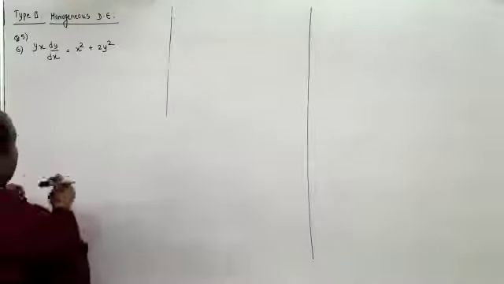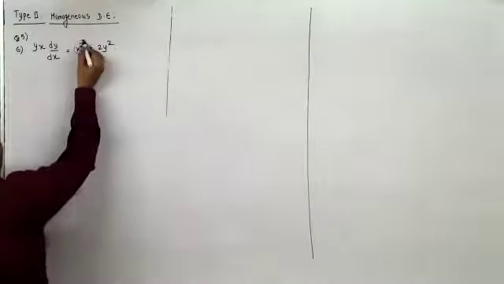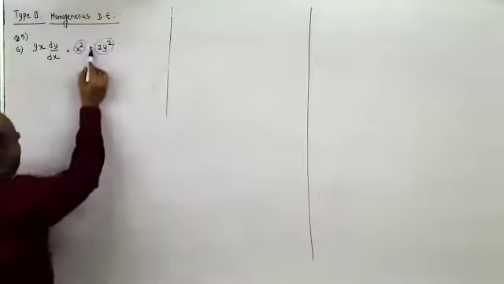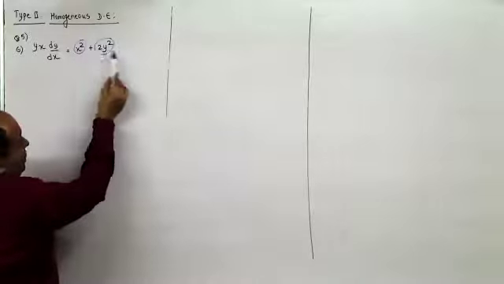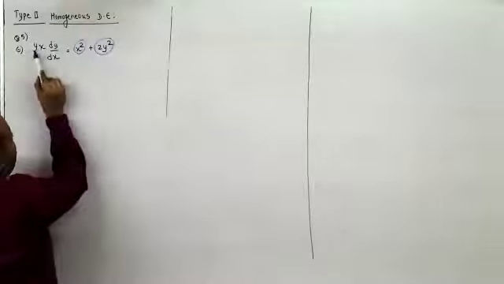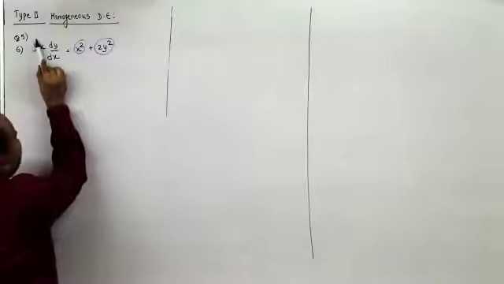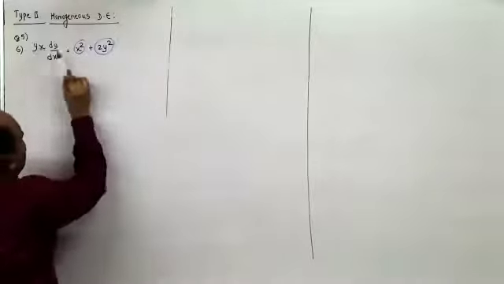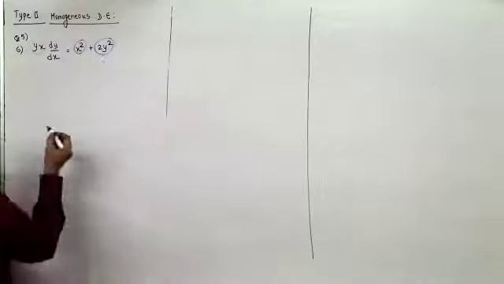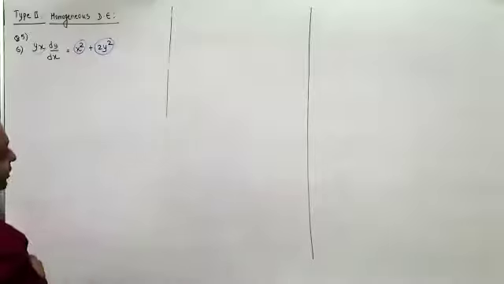But if you observe here, the combined power is 2 here with the plus sign. When there is a plus sign, you take the same power for both. So here this is 2, this is 2. So the combined power is 2 here. This is yx multiplied. When you multiply it, the power gets added. 1 plus 1, 2. So here too the power is 2. So the combined power is 2 everywhere. So this is a homogeneous differential equation.